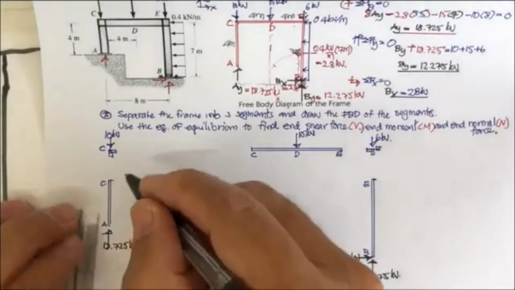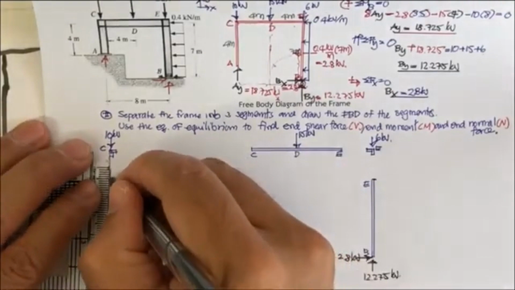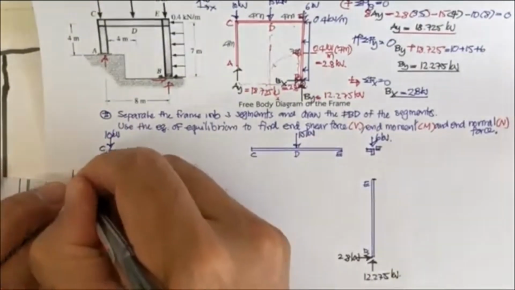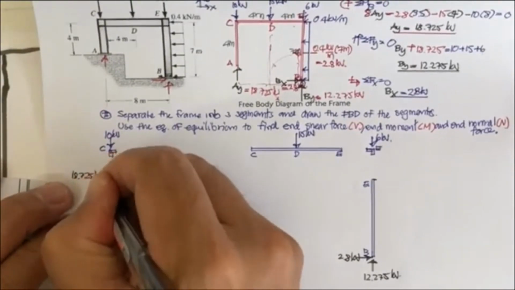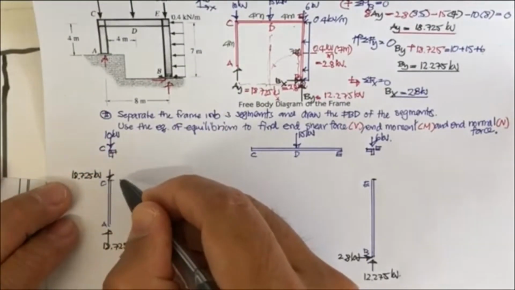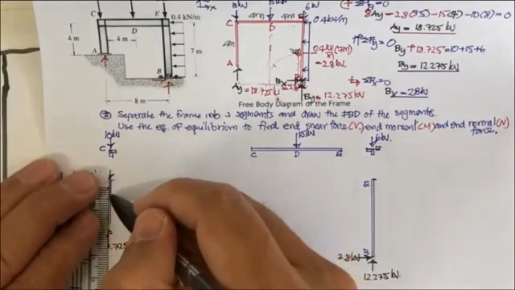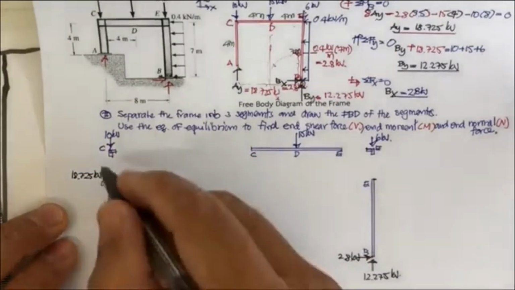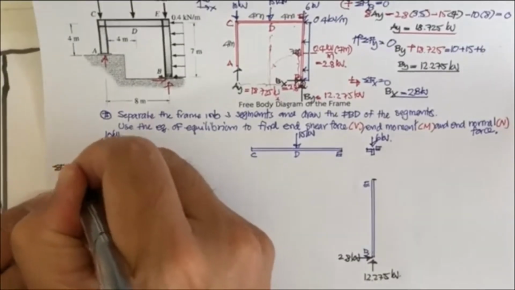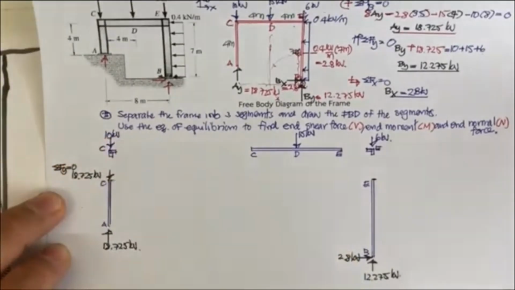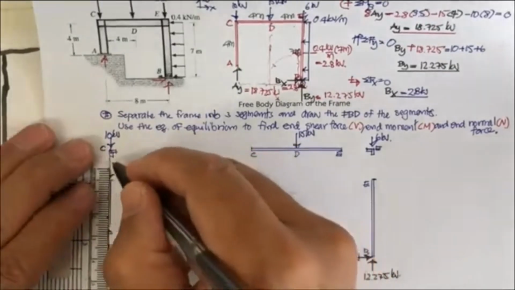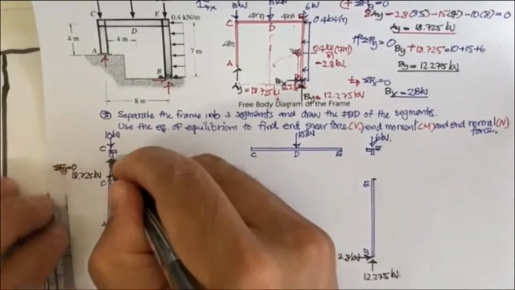Is there going to be shear? No shear, and also no moment, because the force is in the axial direction of the column. So just put summation of f sub y equal to 0, and we obtain this. The 18.725 acts upward over here.